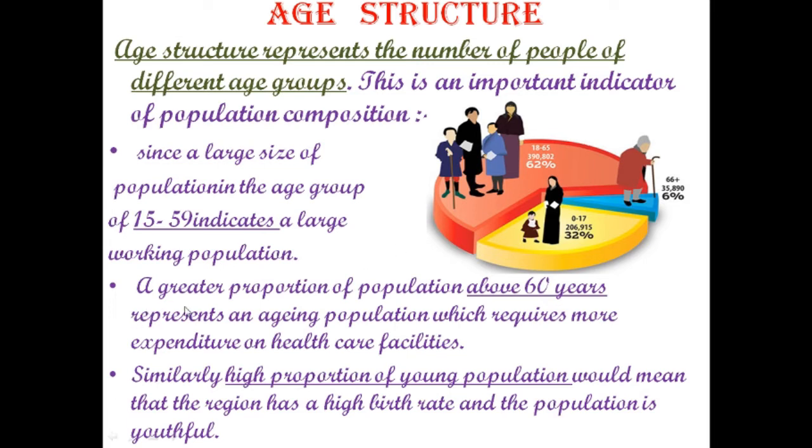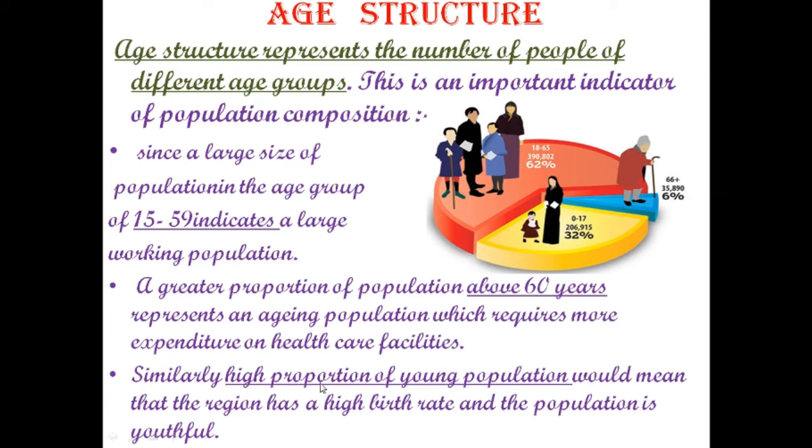A greater proportion of population above 60 years presents an aging population, which requires more expenditure on health care facilities. Because in old age, people need more health facilities to keep them healthy or fit.